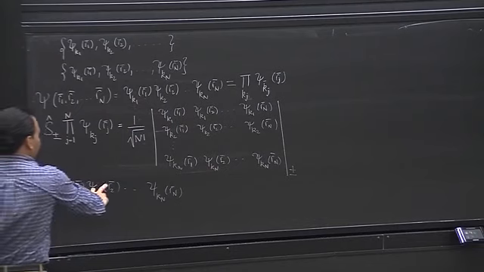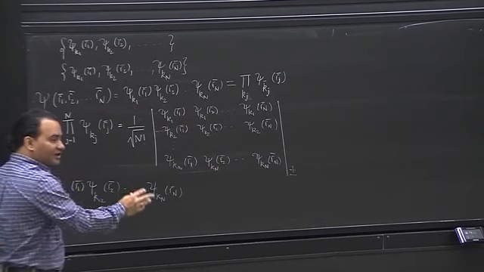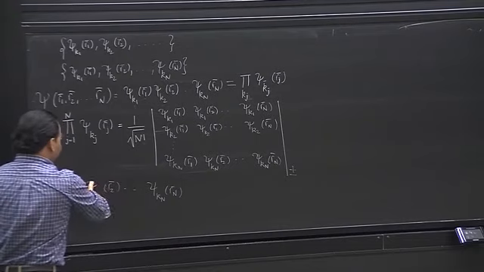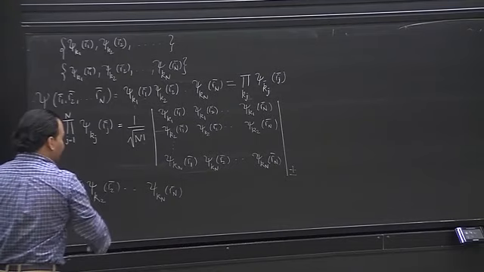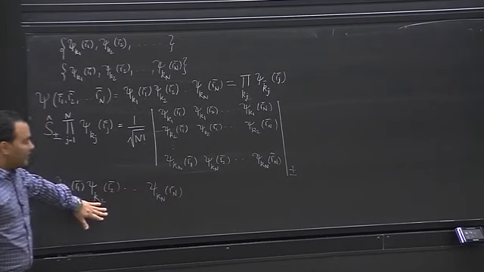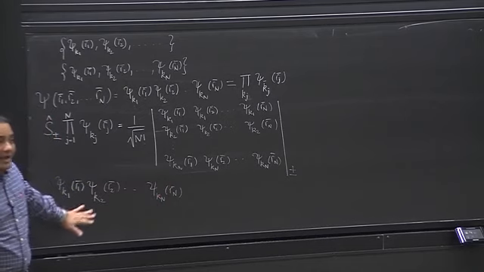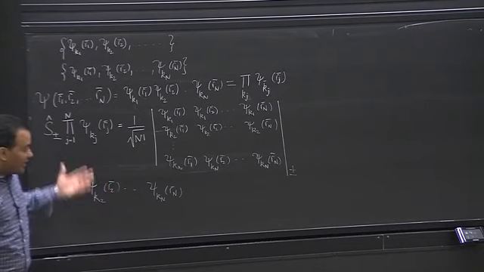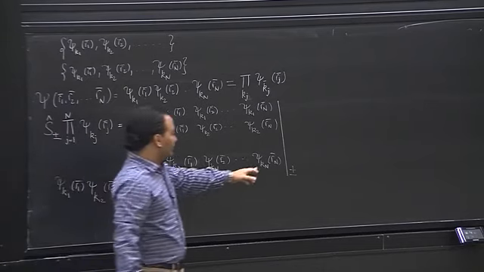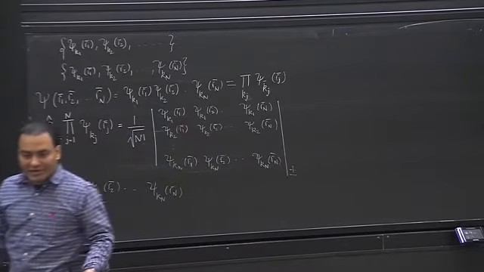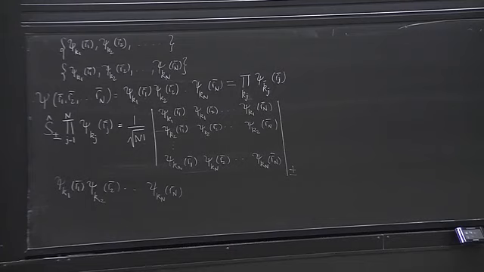I mean, replace this argument by something different, exchange R1, R2, and so on. So each term can be obtained by many permutations of this term. If the number of permutations required is even, you will have a plus sign with that term. If the number of permutations required is odd, you will have a minus sign with that term.